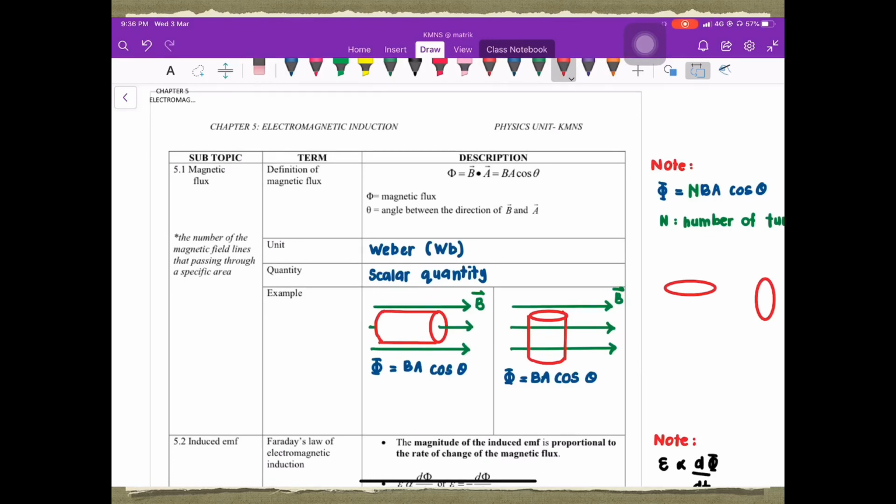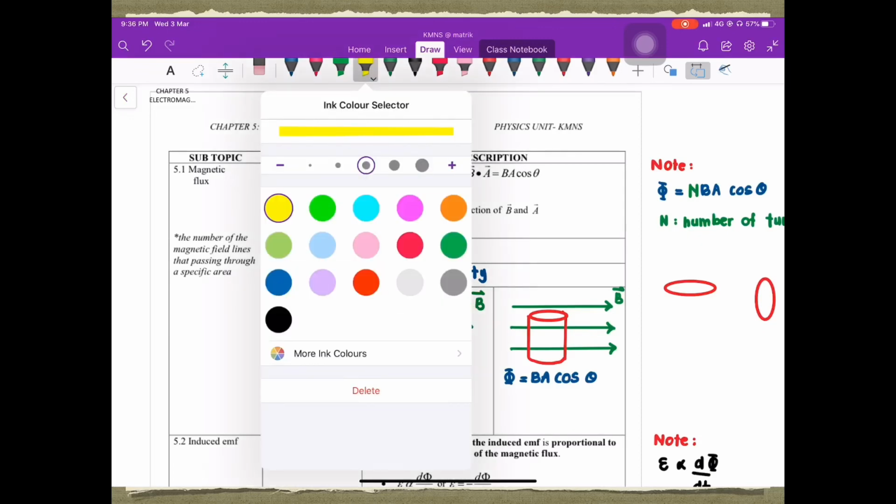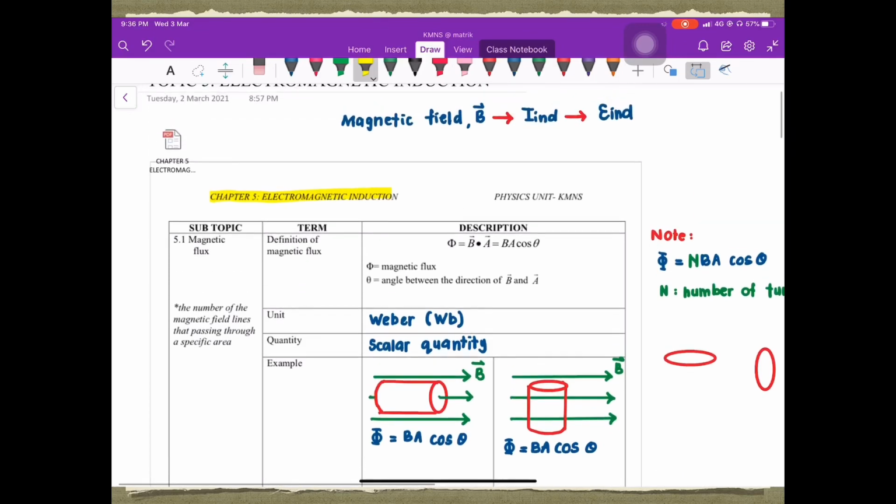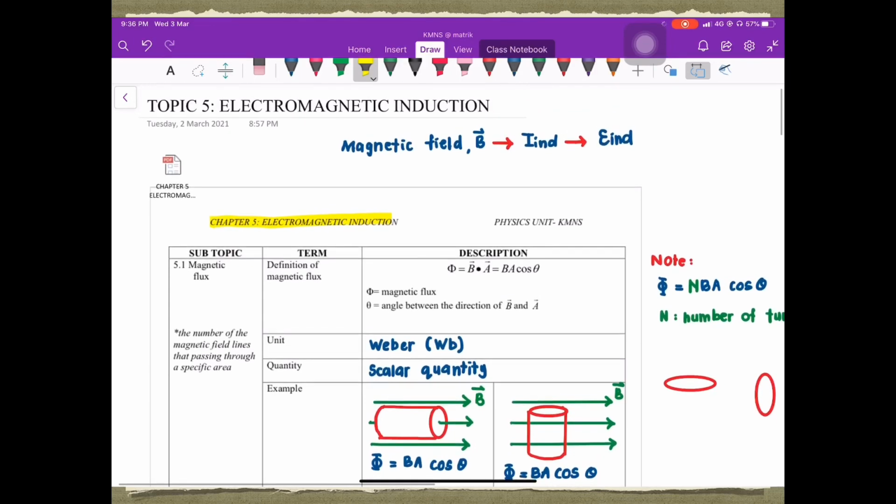Hi. So today we want to discuss topic 5, electromagnetic induction. Before we start to discuss what electromagnetic induction is, just briefing all of you: for this topic, we want to discuss the production of induced EMF.